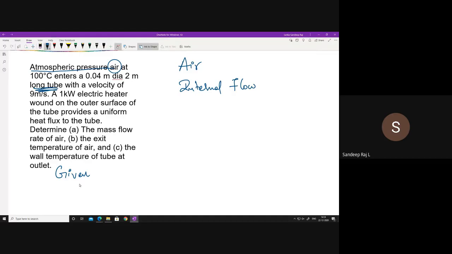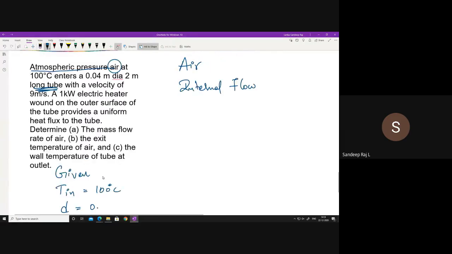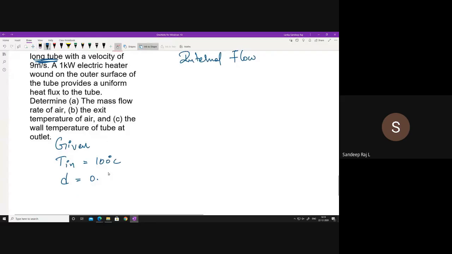It is given that the air is entering at 100 degrees centigrade and the diameter is given. The diameter is 0.04 meter and the velocity is given as 9 meters per second. Length also should be given, right?